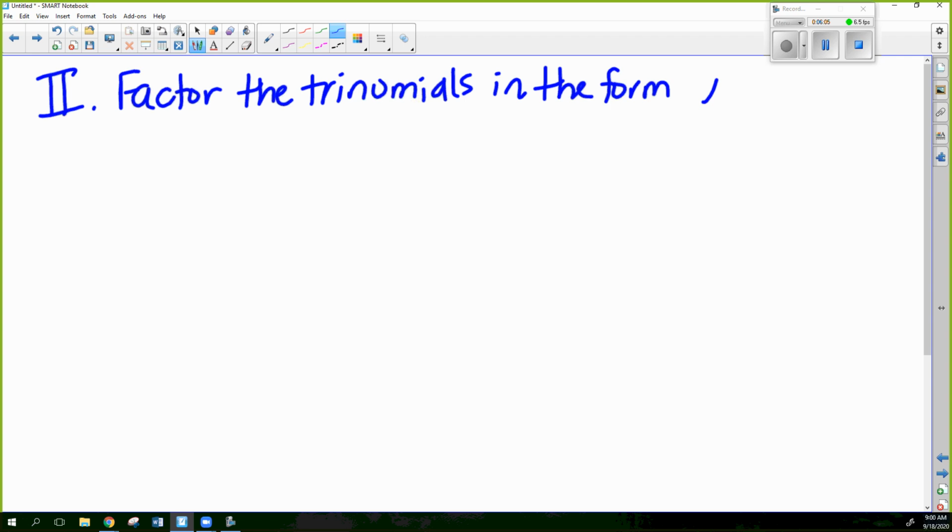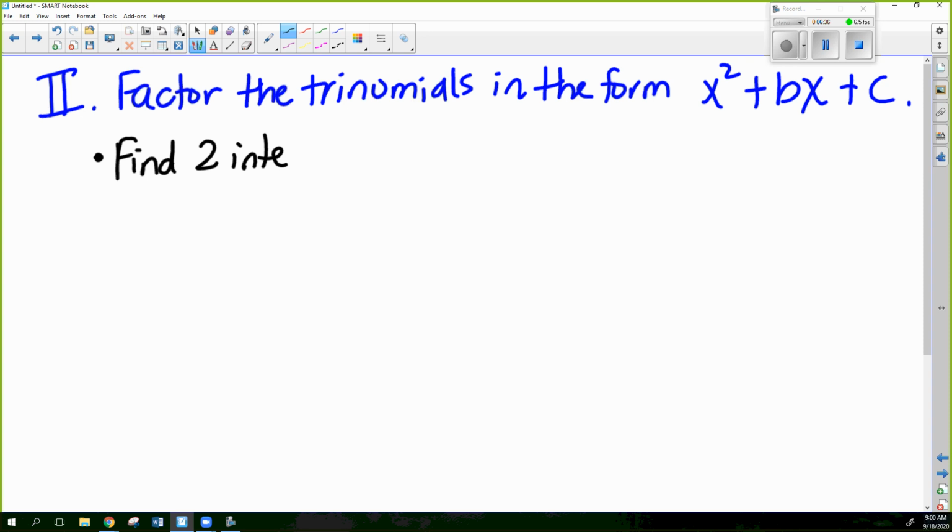So right now they're all going to look like just a regular x squared, and then there's going to be either a plus or a minus, a number times x, and then another plus or minus the number. And the way you do that, after you set up your double parentheses, you're going to have to find two integers, integers being like whole numbers, but that includes positives and negatives.